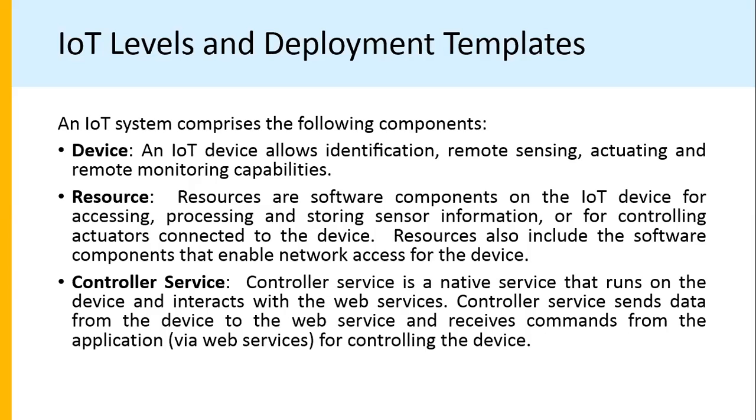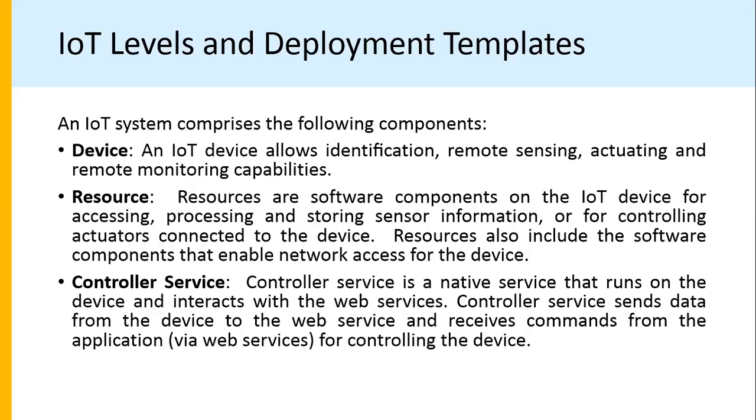Next is resources. Resources in an IoT system are software components. These software components are required in the IoT device for accessing the data, processing the data, and storing sensor information.